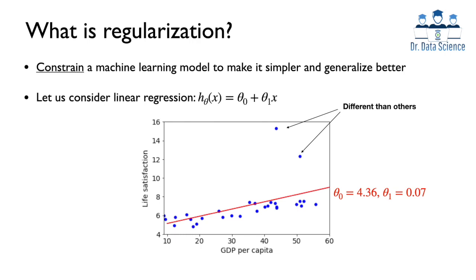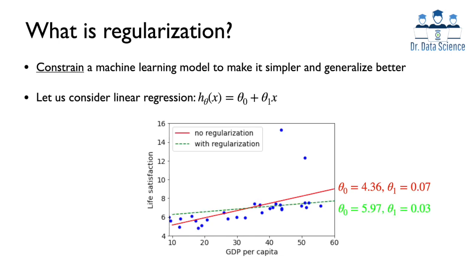And this can be simply due to some errors or some outliers. And this is not something very desirable in this case. So what we're trying to do here is figure out how we can reduce this sensitivity to these two data points that are different from others.